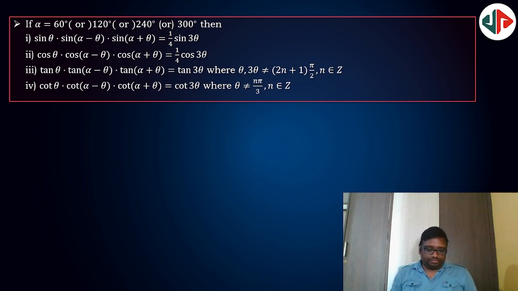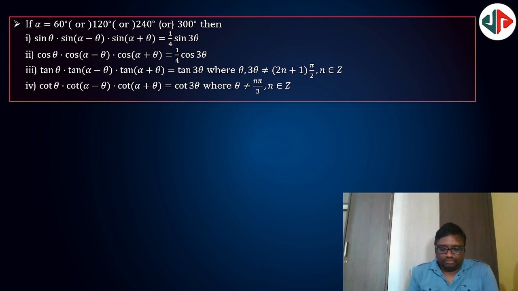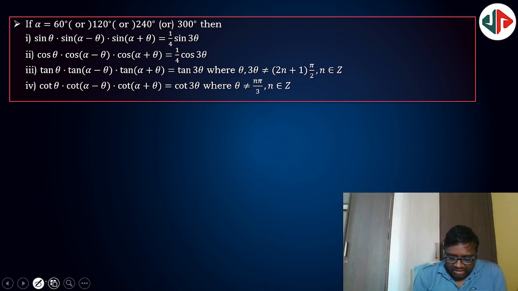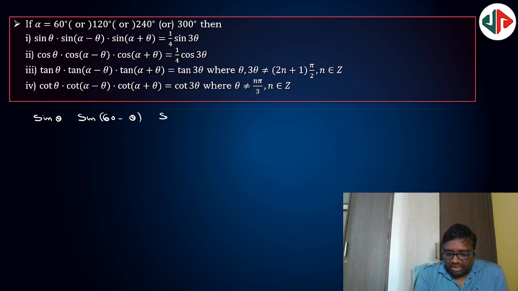Let us see one case. Replace the alpha value with 60 degrees. So that means we can rewrite this as sin theta into sin(60 minus theta) into sin(60 plus theta).